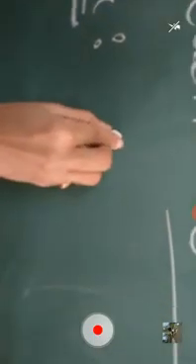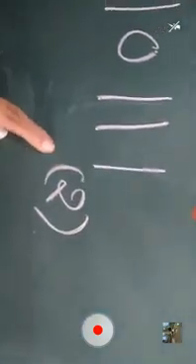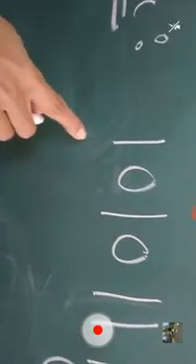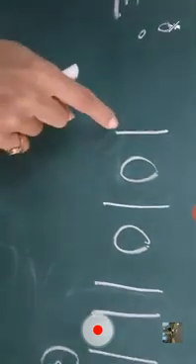Let us consider the first example, how to convert a given binary number to ones complement. Let me take 1 0 1 0 1 1 1 base 2. So this is the given binary number. To convert it into ones complement, what I have to do? Simply change each 1 to 0 and 0 to 1.